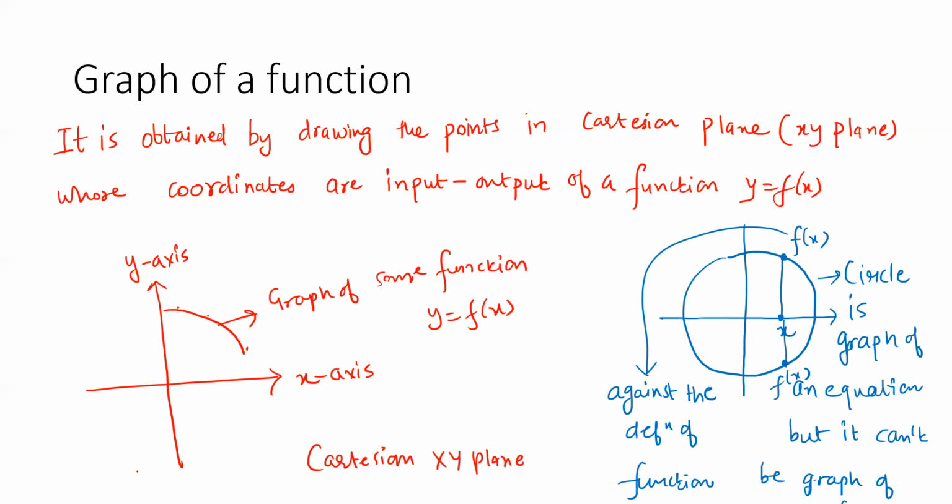It should have a unique image. So that is why this is a graph, but this is not the graph of a function. This is the graph of a curve. I just added this point because most students get confused about how to differentiate between the graph of a function and the graph of a curve or equation. So the graph of a function cannot be like this graph of a circle.